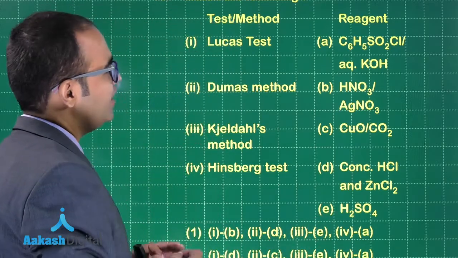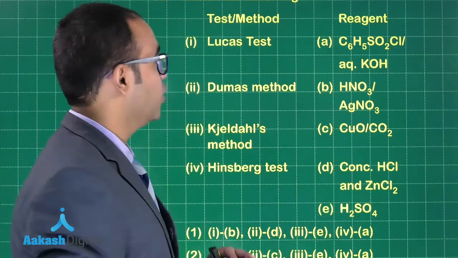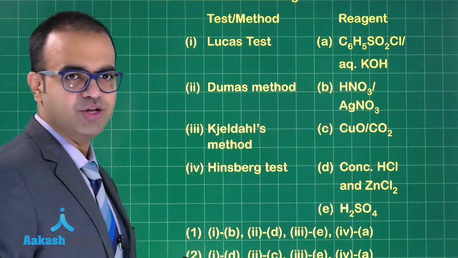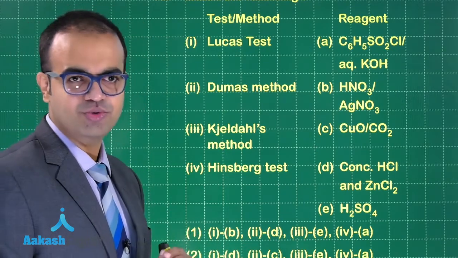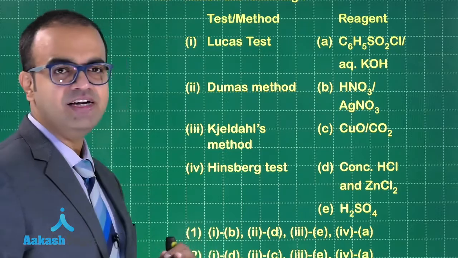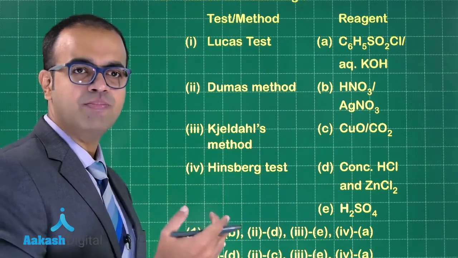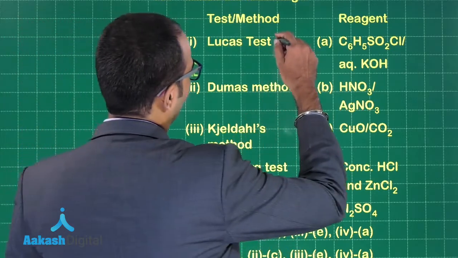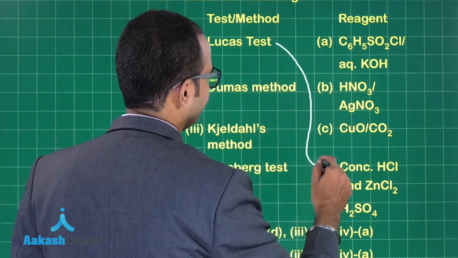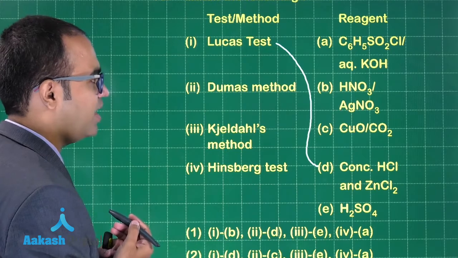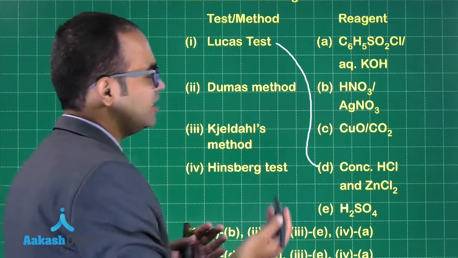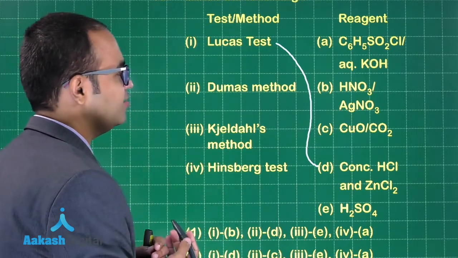Okay. So when you are talking about Lucas reagent or Lucas test, what are you using? You are using conc HCl and ZnCl2, right? So it's a test for identification of alcohols. It is differentiating primary alcohol from secondary from tertiary. So 1 is D. Dumas method: what you are doing in Dumas method?